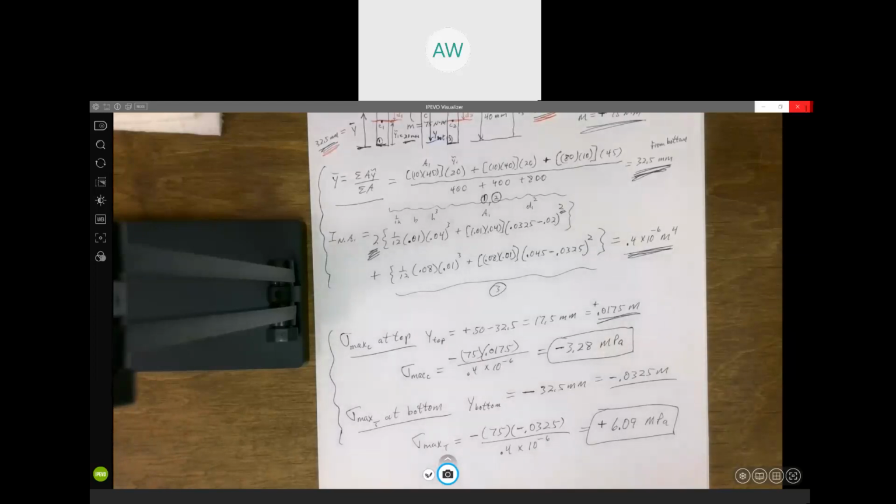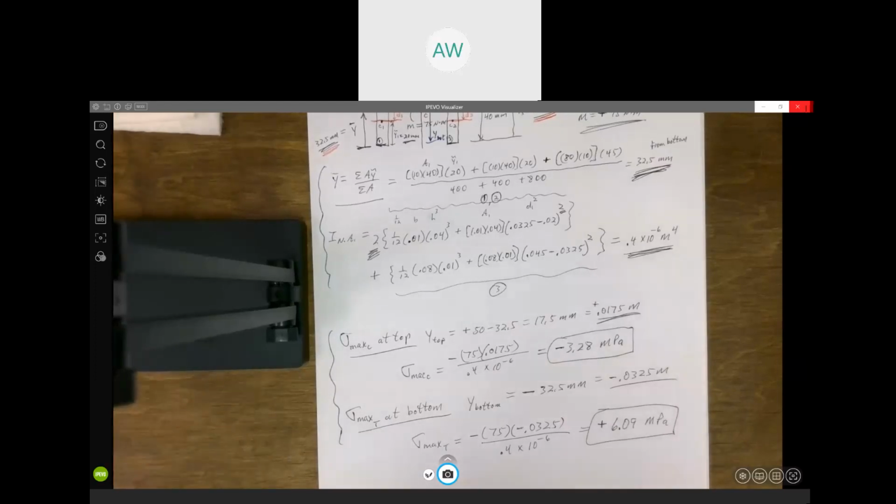Could you explain the Y top again? It's the distance from the neutral axis to the top surface. There's no other way to explain it. And Y is positive up. So it'll be whatever the positive distance is from the neutral axis to the top surface.